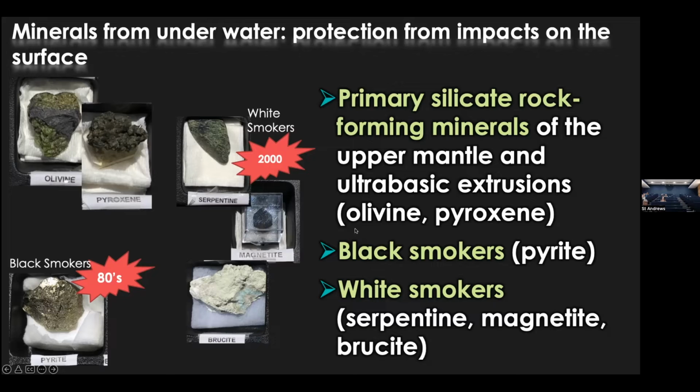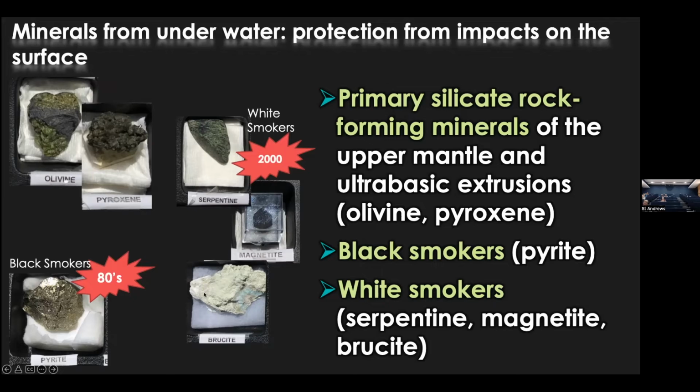Then you have here two examples, the serpentine example and magnetite example, that represent the black smokers. No, sorry, the white smokers. So serpentine, magnetite and sometimes brucite as well.